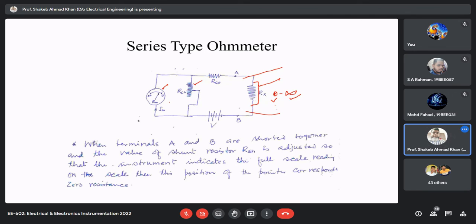That amount of current should flow that ensures full scale deflection. More current than the meter is designed for should not go through it, and less current should also not flow. So accordingly we have to design the shunt resistance in such a way. So this is the point.